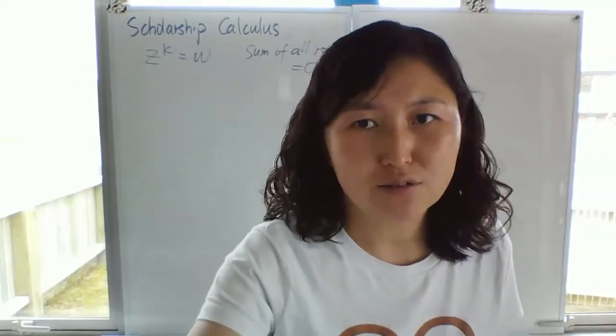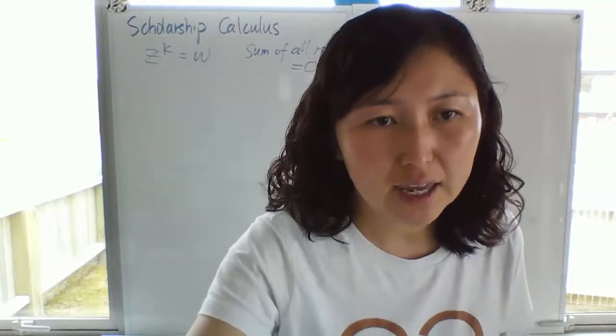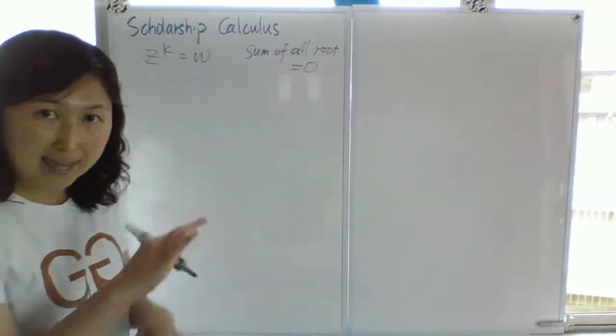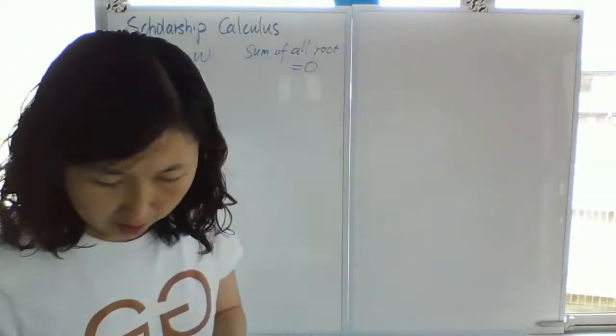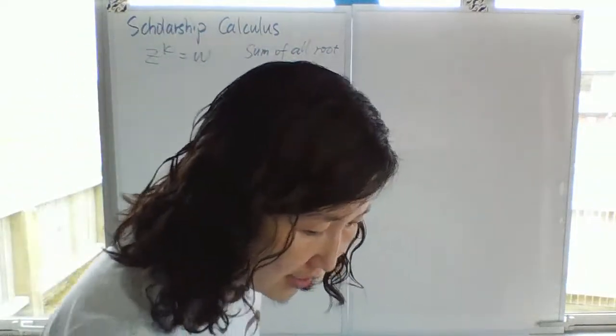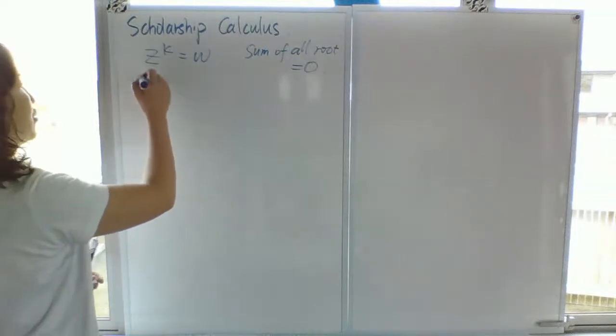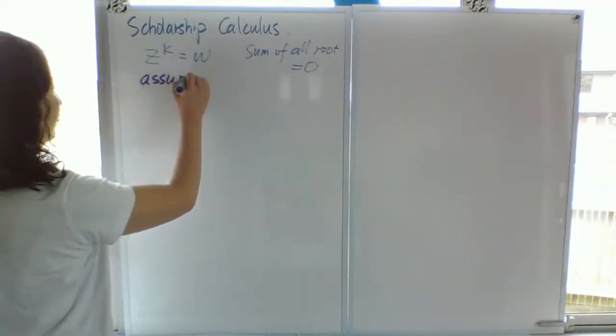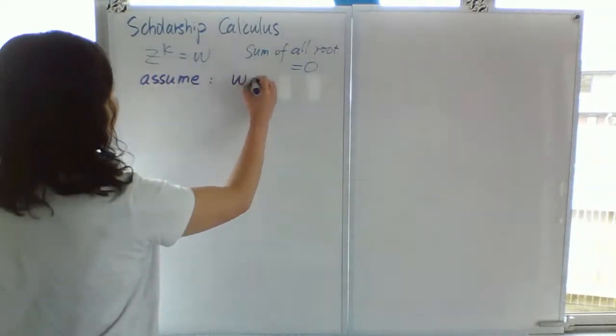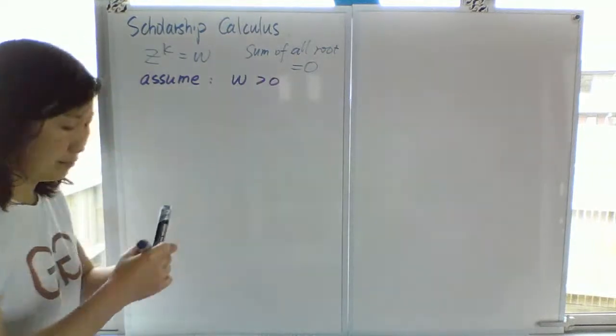So that's what they asked us to find, and it says k is any real number, okay? Now, because it says k is any real number, for this case I'm just going to assume that w is a positive real number.